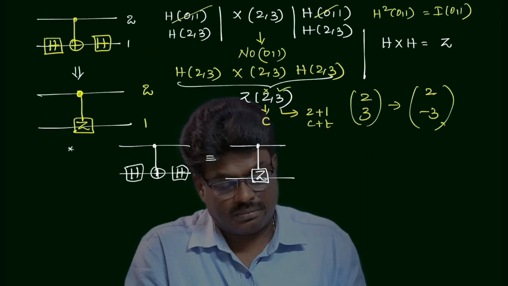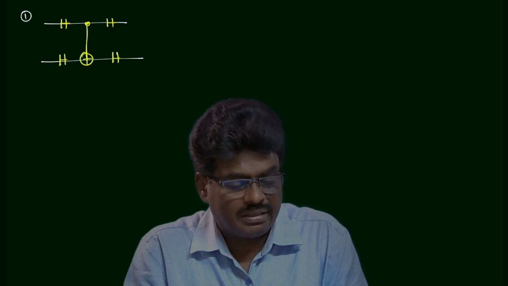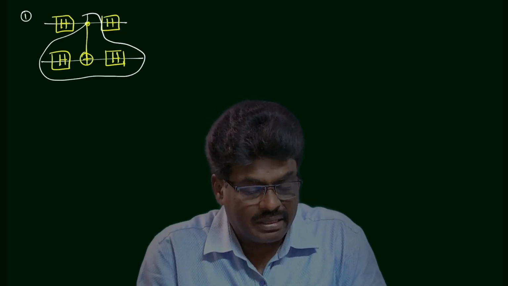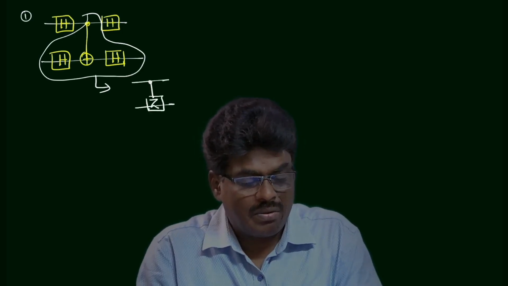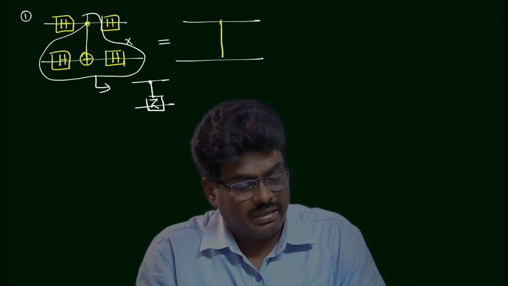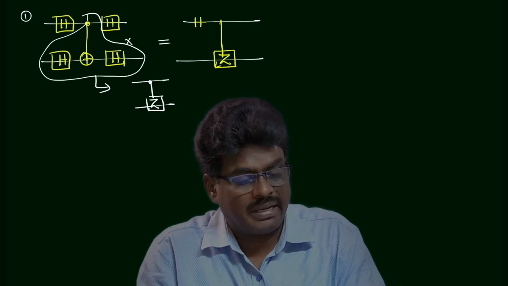Yeah, so I'm taking this circuit. So here H, and this is a C naught, and here H like this. Let us check what we will get. Just now we have seen this gate is nothing but control Z. So now I'm going to replace this with the control Z, and here you have control Z gate, and the rest of the Hadamard gates are as usual.